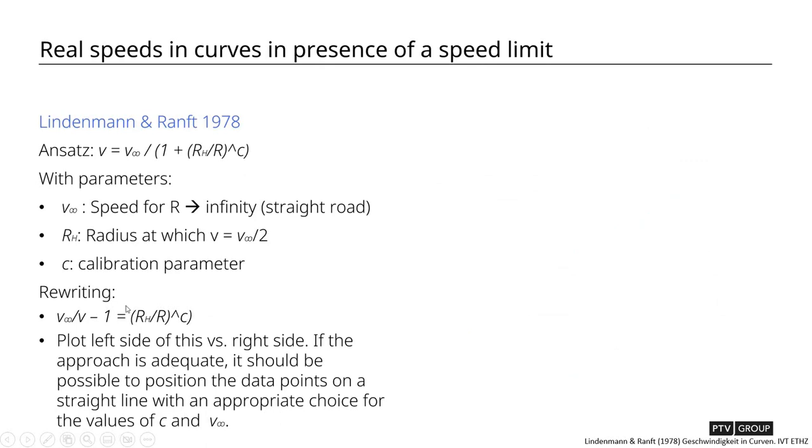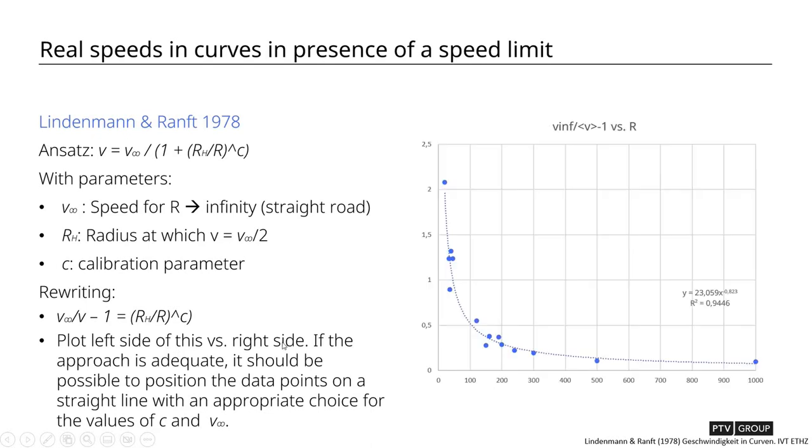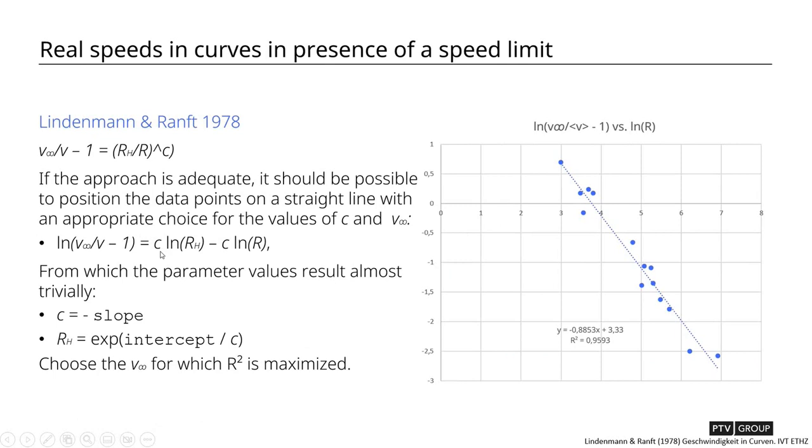And if this potential law is correct, then having the logarithm on both sides should allow to place the data points on a straight line if the potential law really has a meaning, and if we find the value of parameter v infinite, which produces the linear ordering of the data points. And as you see, it is possible.